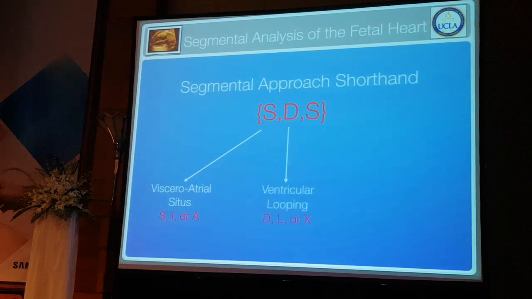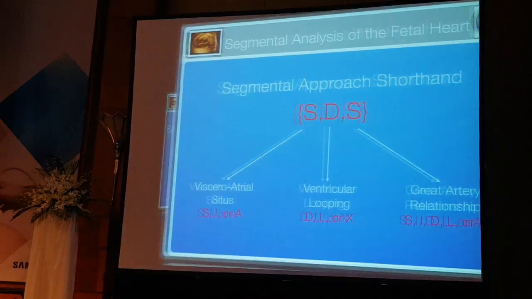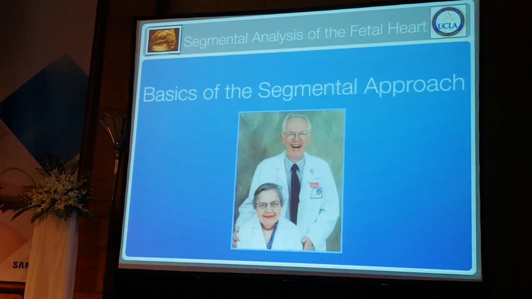The second letter corresponds with the situs of the ventricles, and situs of ventricles just means is it D-looped or L-looped. And the third letter is the relationship of the great arteries. It's a little more complicated than I'd like, that's why I'm not going into a lot of detail. It's not a perfect system, but it's very useful.